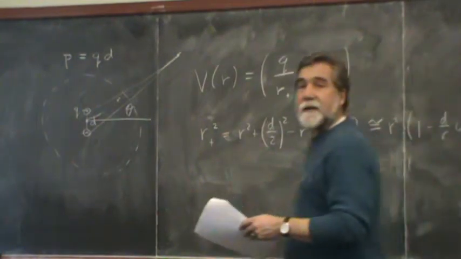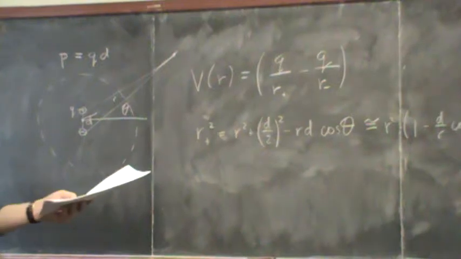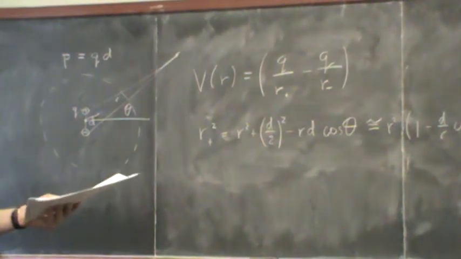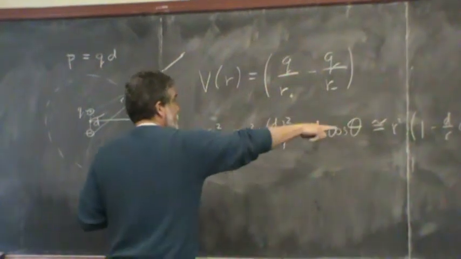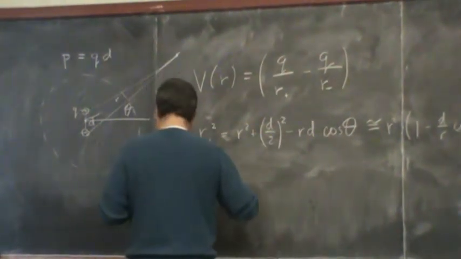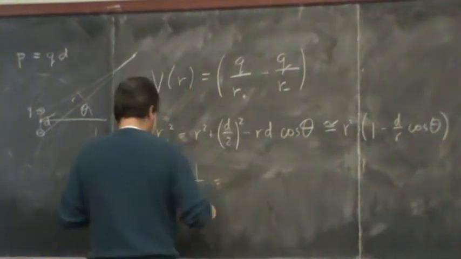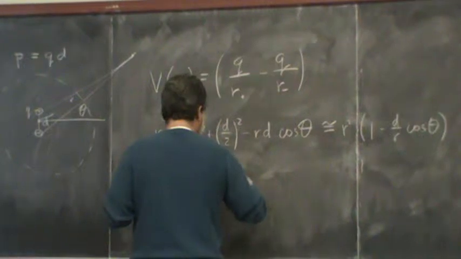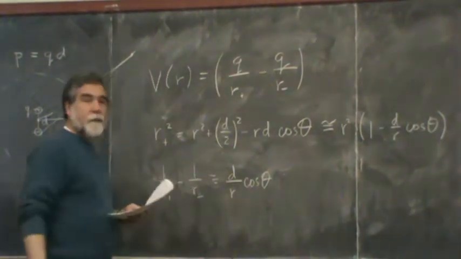and I could do the same thing for the negative charge. But what I want is the difference between the two of them. Right? And using that as my approximate expression, the 1 over r plus minus 1 over r minus is approximately equal to d over r squared cosine theta.